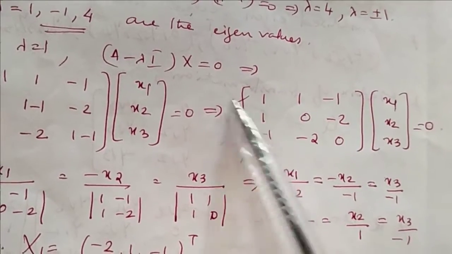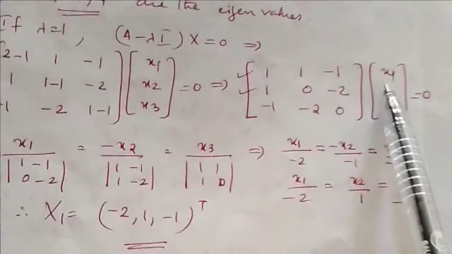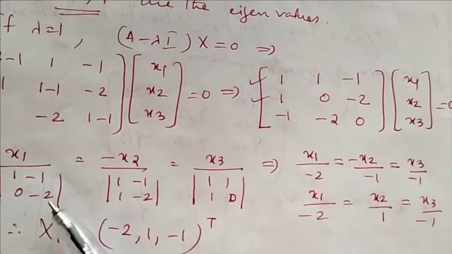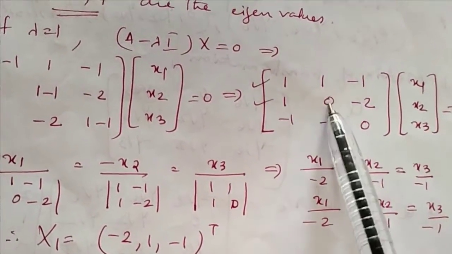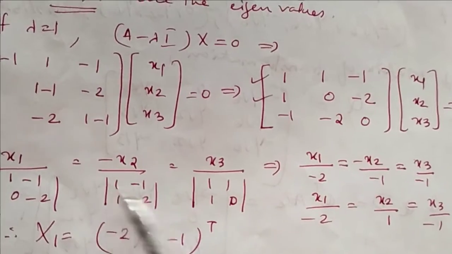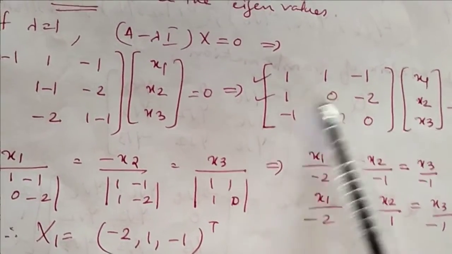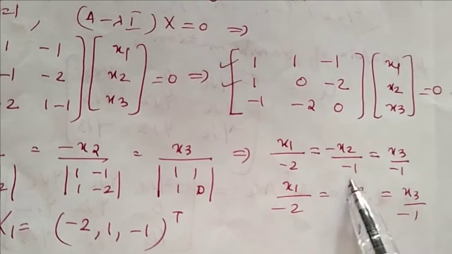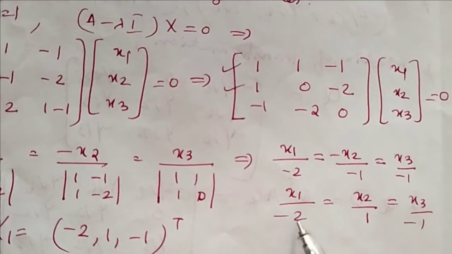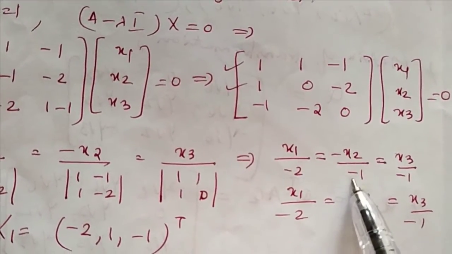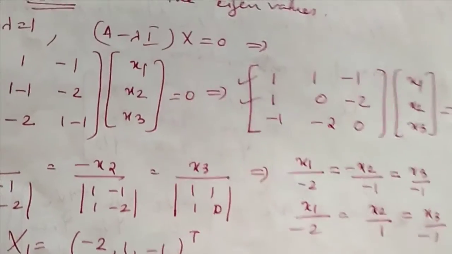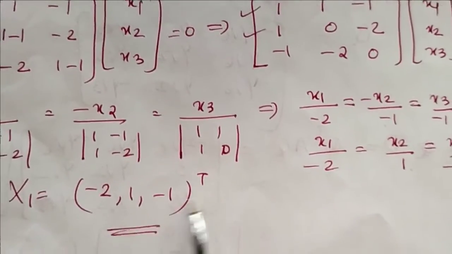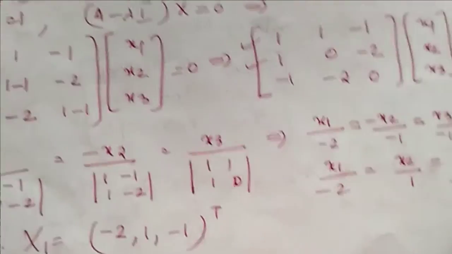Taking the first two rows, by the cross multiplication method, x1 by the minor deleting the first column, minus x2 by the minor of the first and third columns, x3 by the first and second. This gives x1 by minus 2, x2 by minus 1, x3 by minus 1, or minus 2, 1, minus 1 is the first eigenvector. Because it is a column vector, I write it as row transpose.